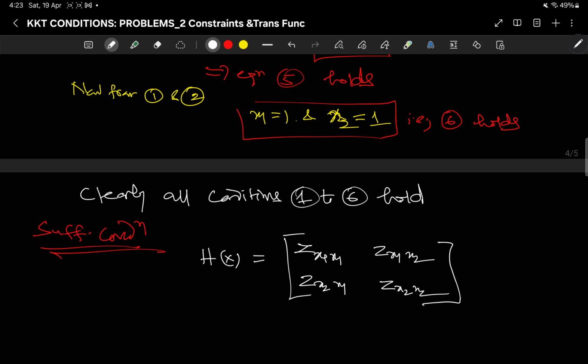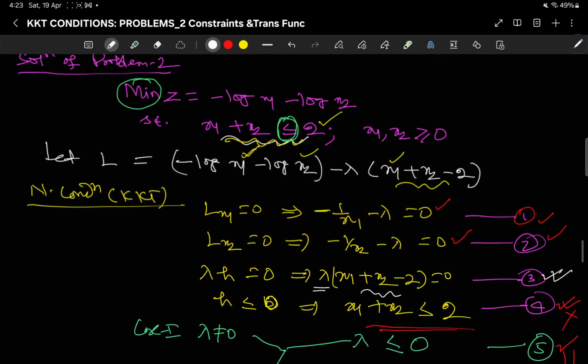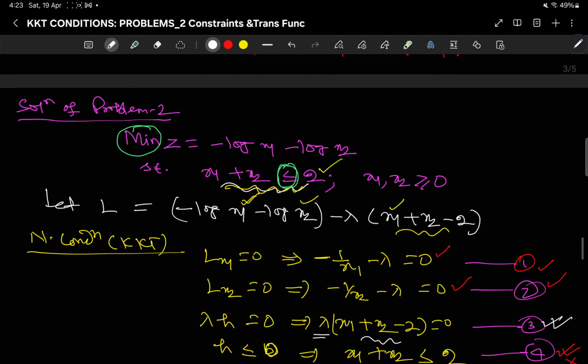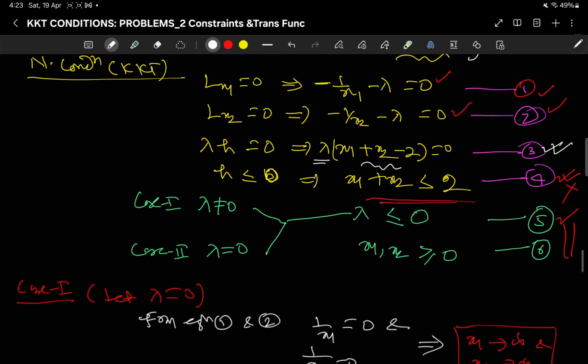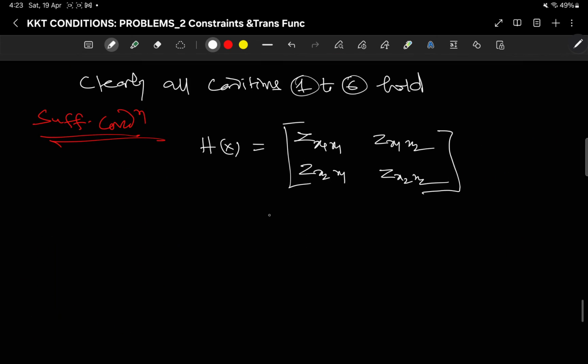Now if you take Z x1x1, the derivative with respect to x1 is minus 1 by x1, so it is 1 by x1 square, and here 0, here 0, and 1 by x2 square.